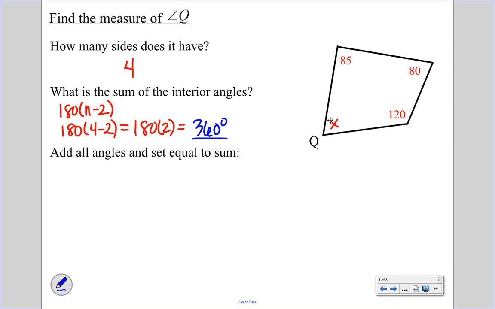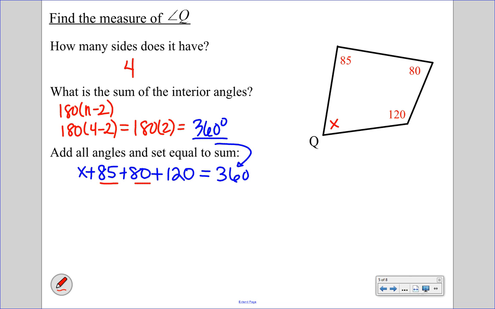Now that you know the sum of the interior angles, we can add up all these angles and set it equal to the sum. So we can say x plus 85 plus 80 plus 120 will equal 360. We set it equal to the sum. Now what we can do is we can combine like terms.